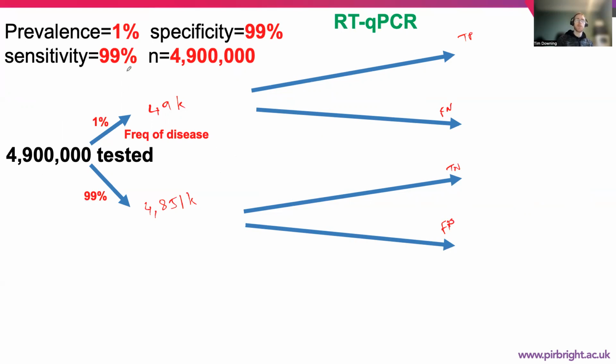So that means our alpha value is 0.01. So that means our false positives are going to be 48.51K.